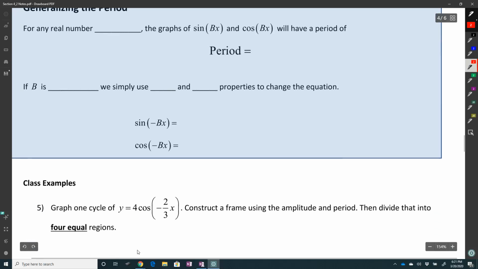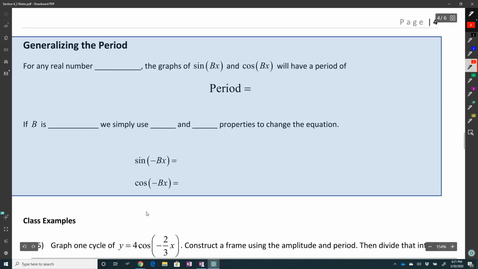So we're going to generalize the period because sometimes some people hate having to solve it every single time. For any real number b greater than 0, remember that when they say b greater than 0, they're just saying that it's positive, the graphs of sine and cosine will have period 2 pi over b.